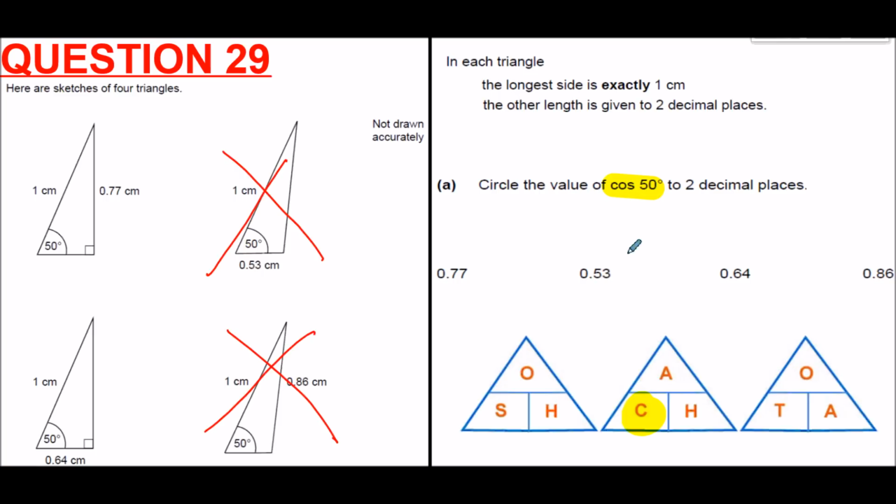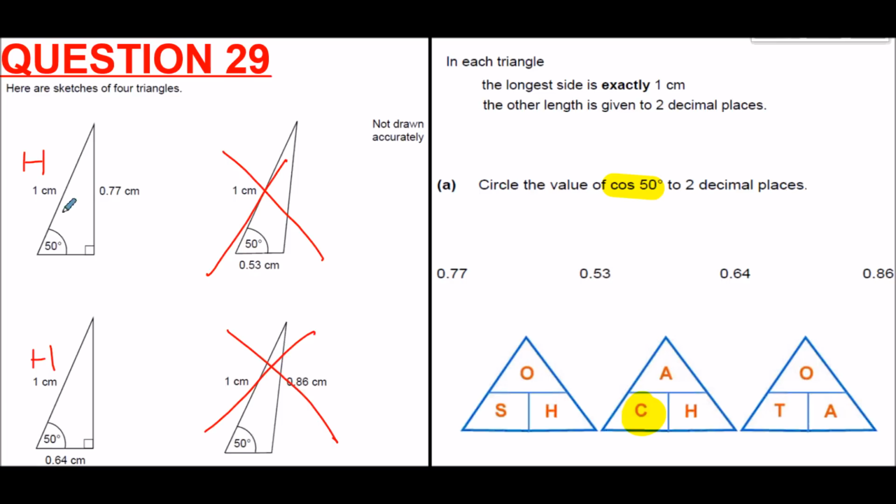Now because it's cos, it's the CAH triangle. A stands for the adjacent side, H is the hypotenuse, which is the longest. So for each triangle, that's for H. The adjacent side is the side which has the angle in question and the right angle on it.